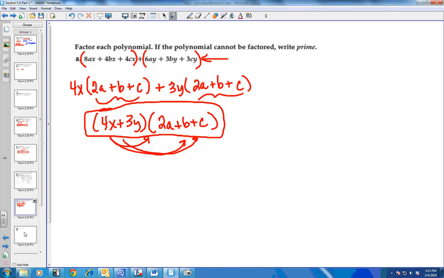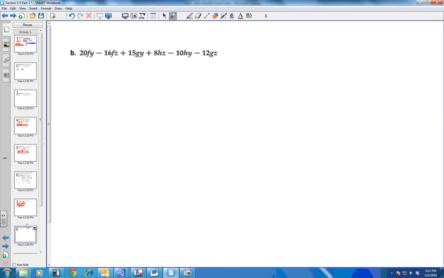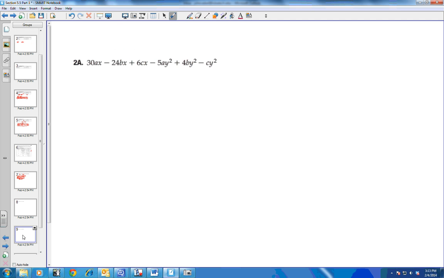All right, so let's do another one like that. I'm going to skip this one for right now. I'm going to come back to it, but let's do 2a. So on 2a, the first thing I'm going to do is group together my first 3 and my last 3.